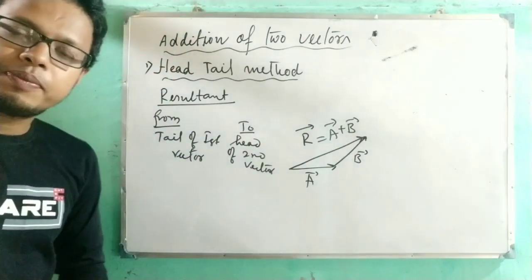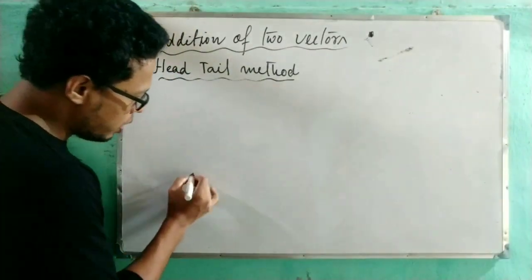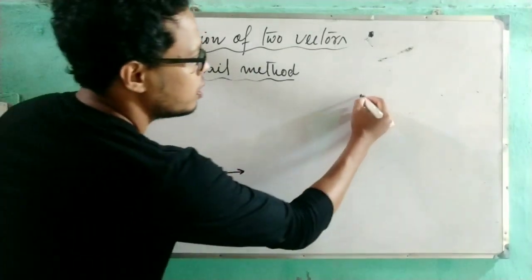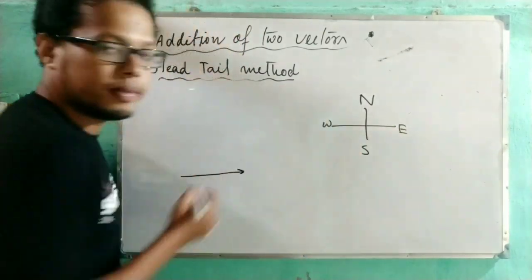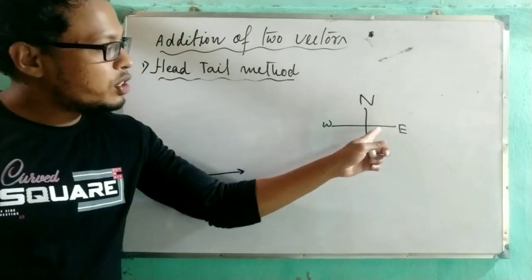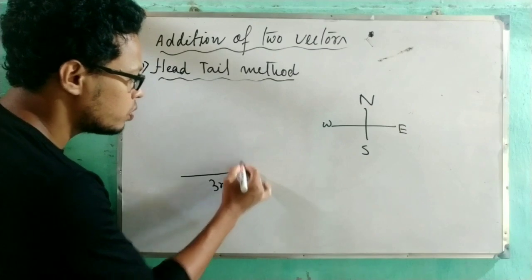Okay, clear? Now I am giving one example. Suppose a boy is moving towards east, with north, south, east and west as directions, by 3 meters. After that he takes a turn and moves towards north.